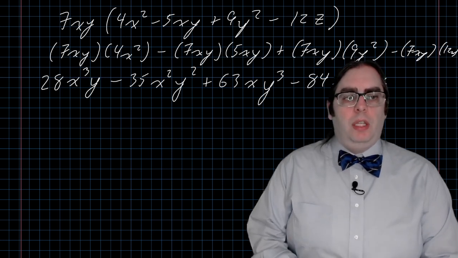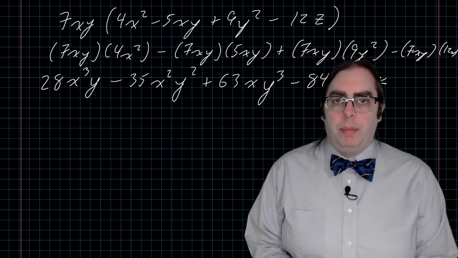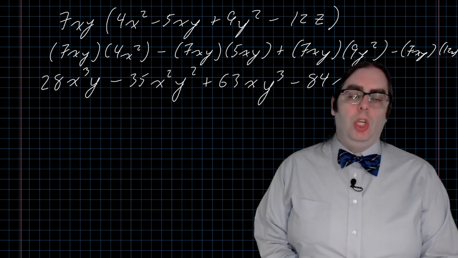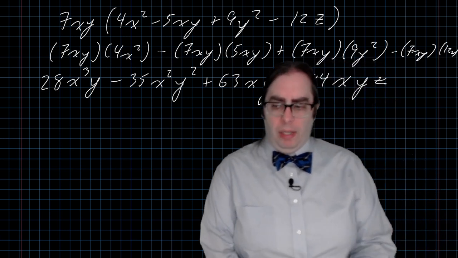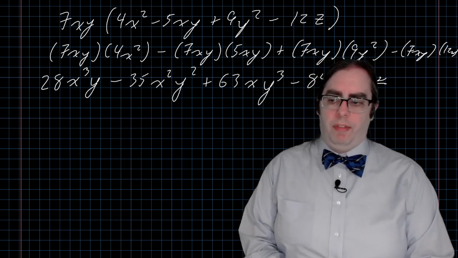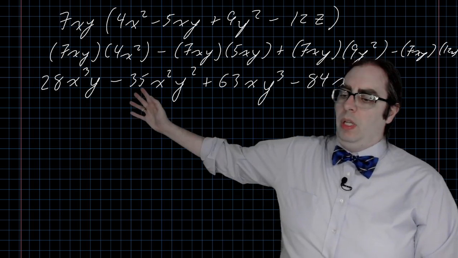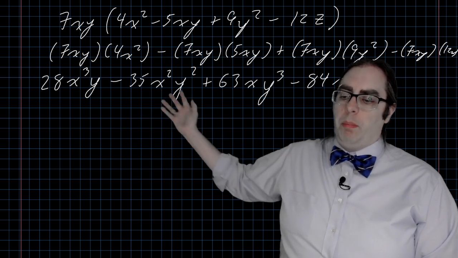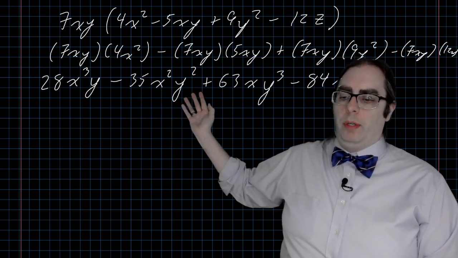Because of the commutative and associative properties of addition and multiplication, you can scramble these things around. But we try to stick with an organization rule of thumb, right? In each term, put your variables in alphabetical order.